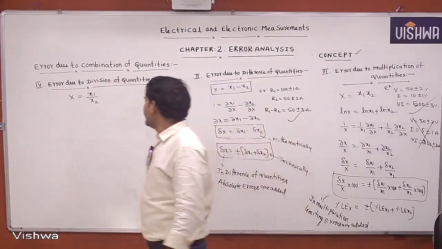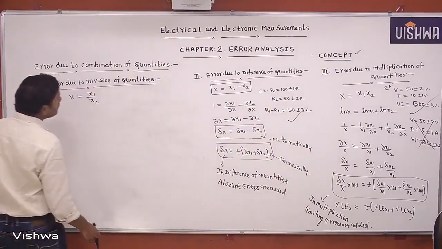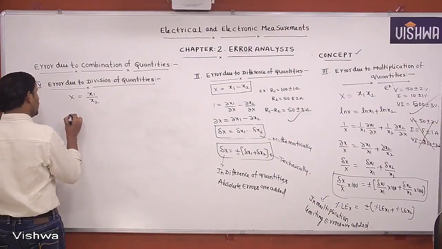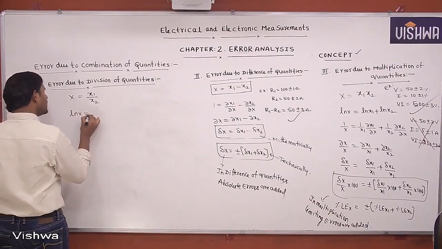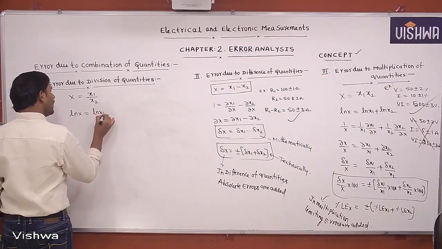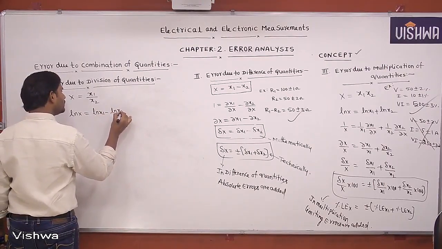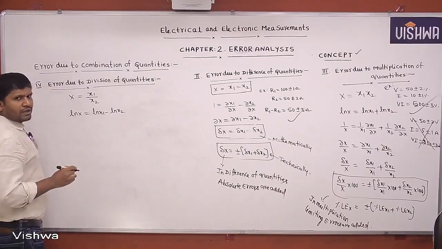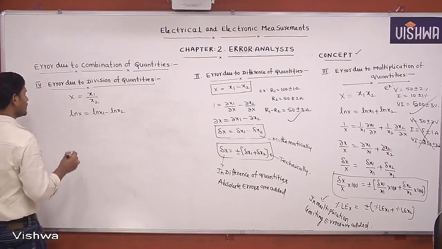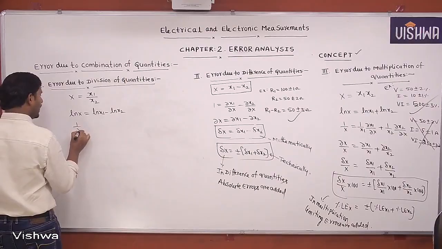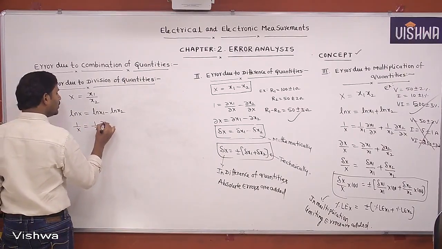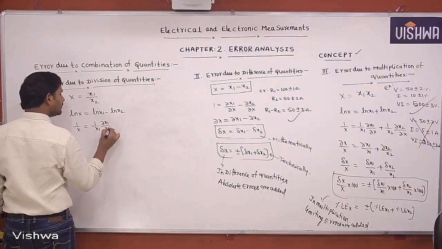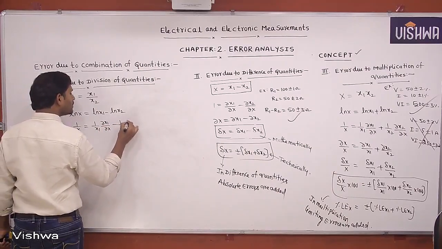Okay, tell. To simplify this, take natural logarithm on both sides. Ln of x equal to ln of x1 minus ln of x2. Partially differentiate both sides with respect to x. Then what do you write? 1 by x equal to 1 by x1 into dou x1 by dou x minus 1 by x2 into dou x2 by dou x.